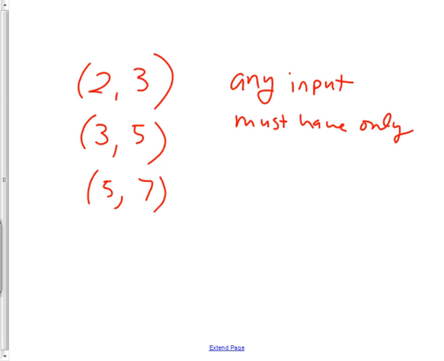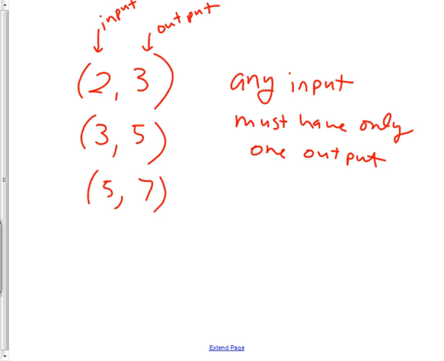Now, if I take the time to write something out in handwriting, it's probably worth at least abbreviating it and putting it in your notes. Any input must have only one output. And just so you know, these are the inputs, and these are the outputs.